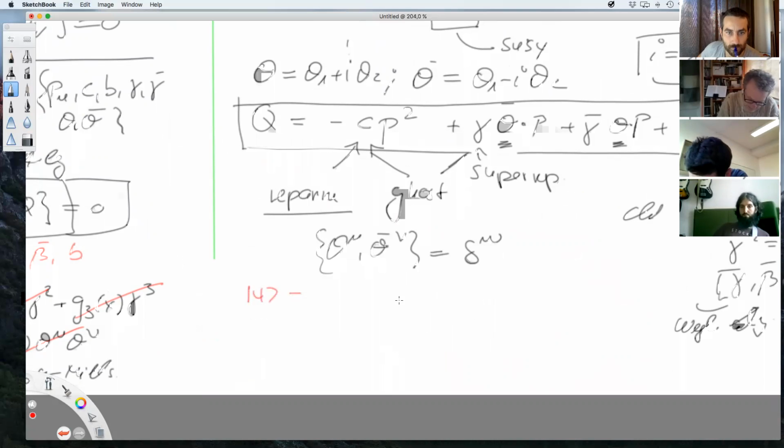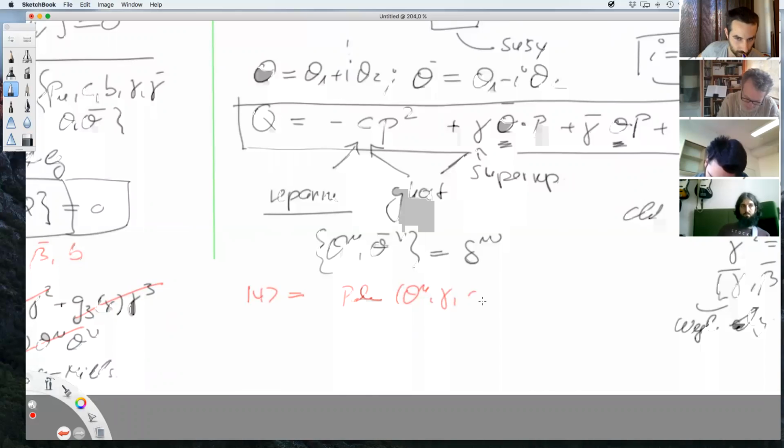We said it's going to be some polynomial in theta mu, gamma, c, and so on, acting on some constant functions, which are the vacuum. That is the analog of the Neveu-Schwarz sector of string theory.